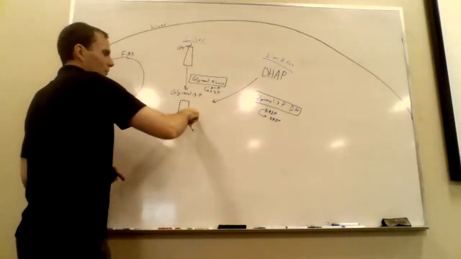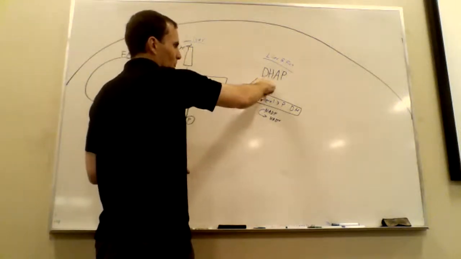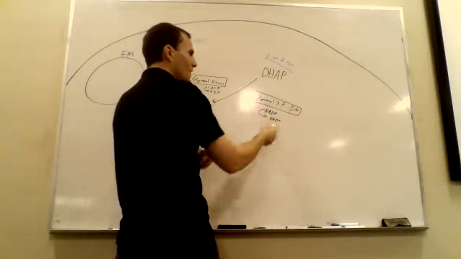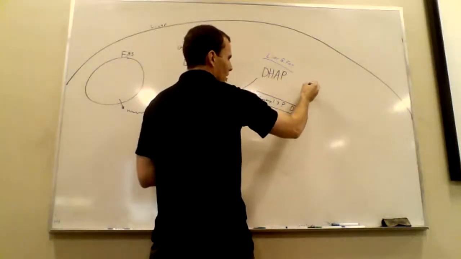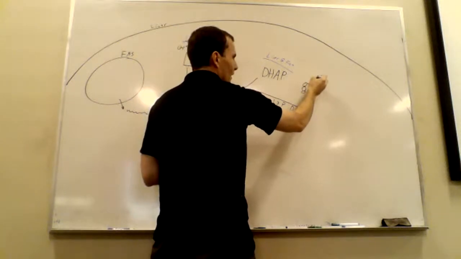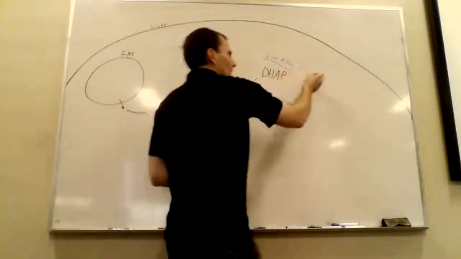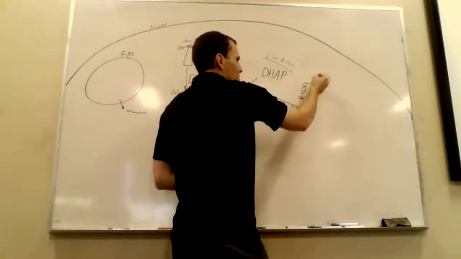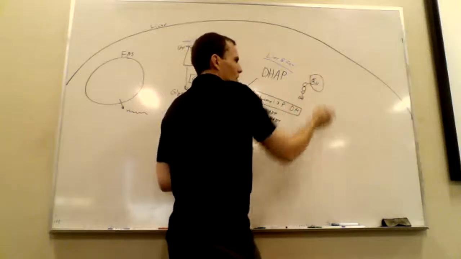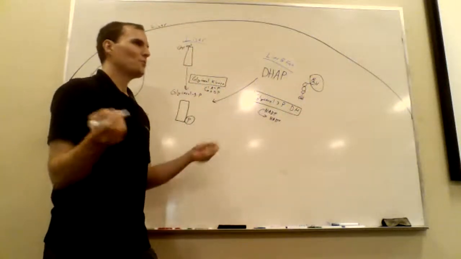So, for anyone who cares to know, why does a dehydrogenase do this? If you look at DHAP, it's got a 3-carbon backbone, and hydroxyls are OHs, and so it's got 2 OHs. If you put a hydrogen onto one of those OHs, that looks a lot like a molecule we see quite often, H2O, water.